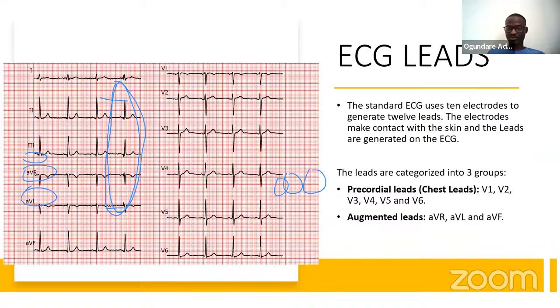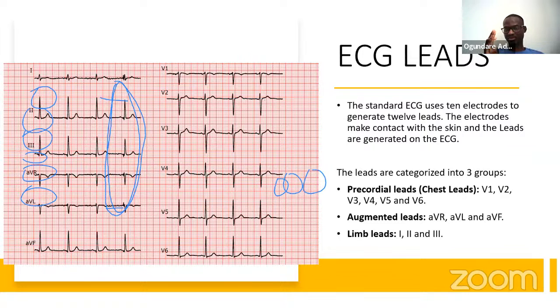The last group of leads are the limb leads. You can see them on the screen here: 1, 2, and 3. Those are the limb leads.